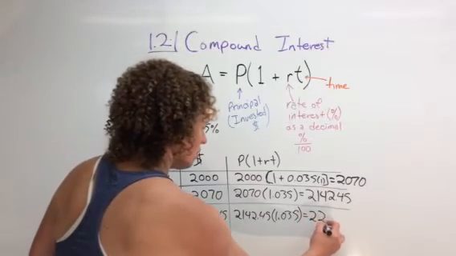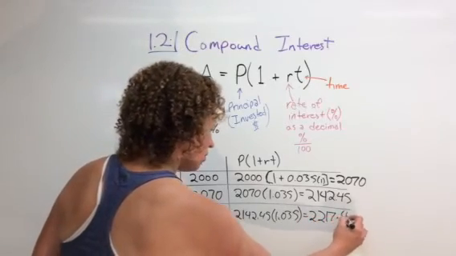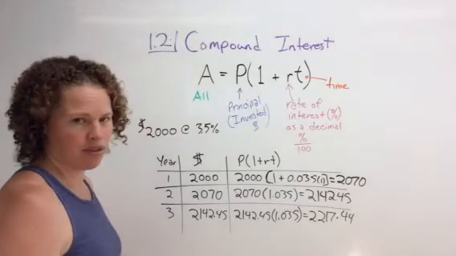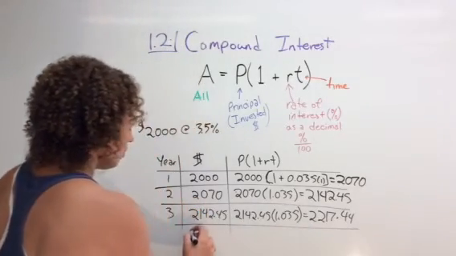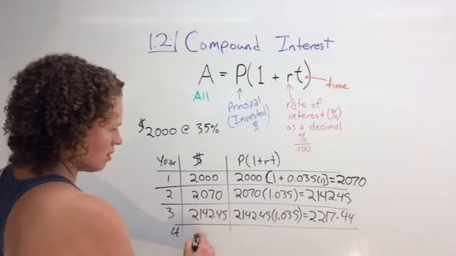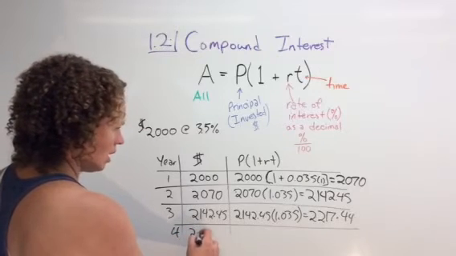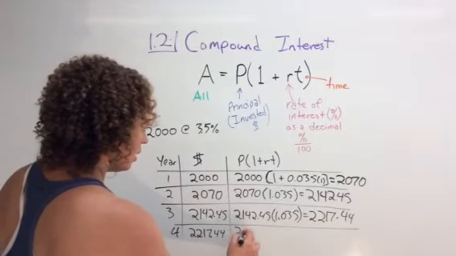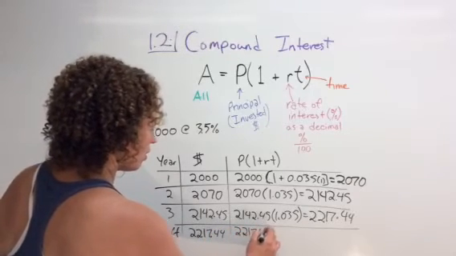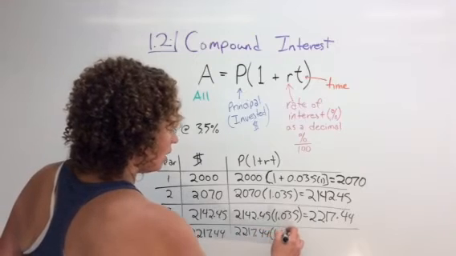And we get 2,217.44, rounding up if it's a 5 following it. And that's going to be our third one. They said 4 years, so we have to do this 4 times. And we get 2,217.44. So that's the number that we're going to start our calculation with this time.